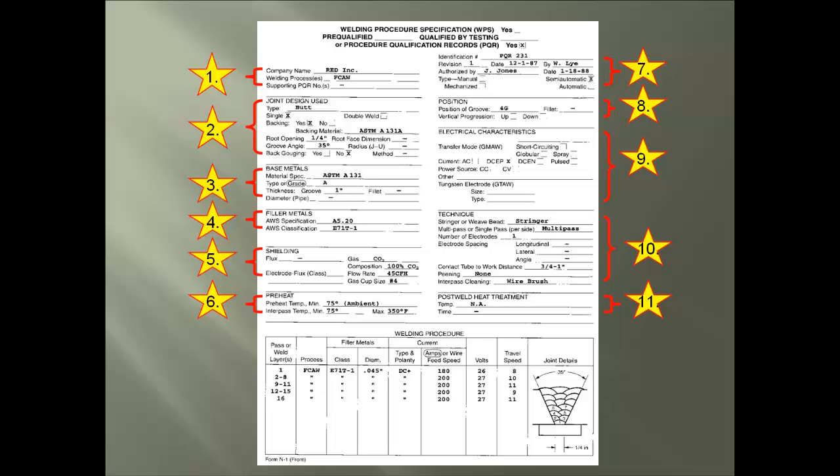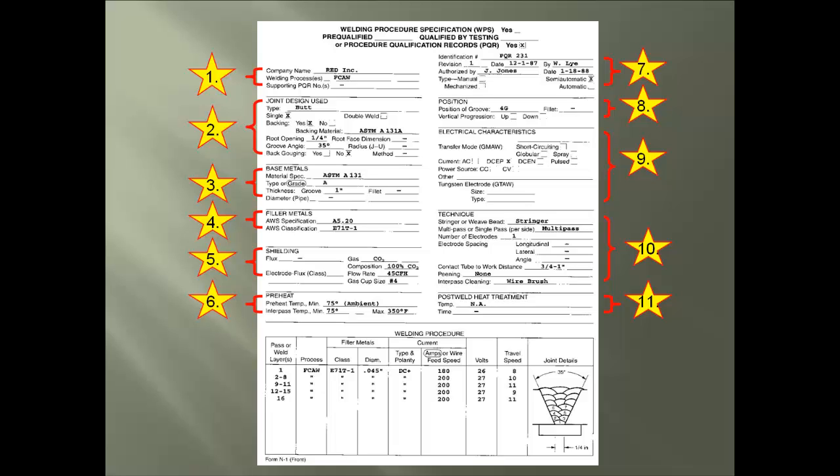And the last line item on this side of the form is star number 11, which covers the post-weld heat treatment, and if required, what temperature is to be held and for how long.